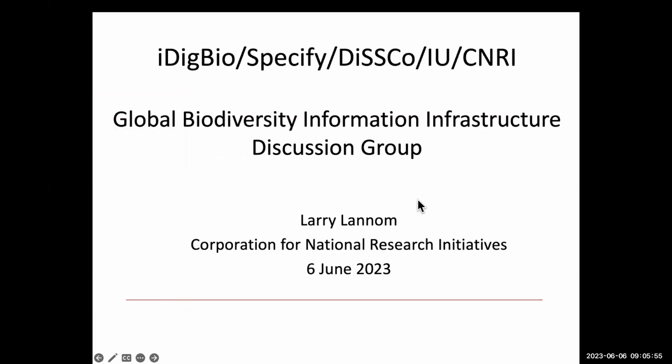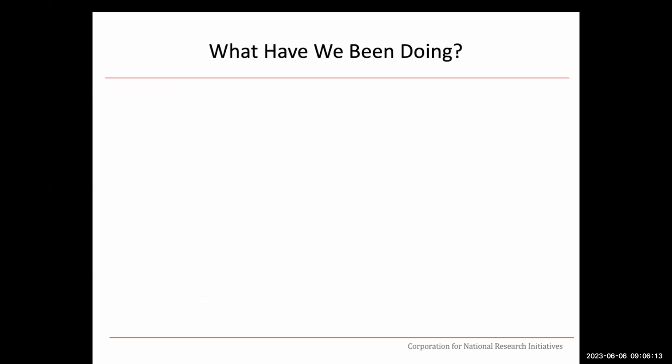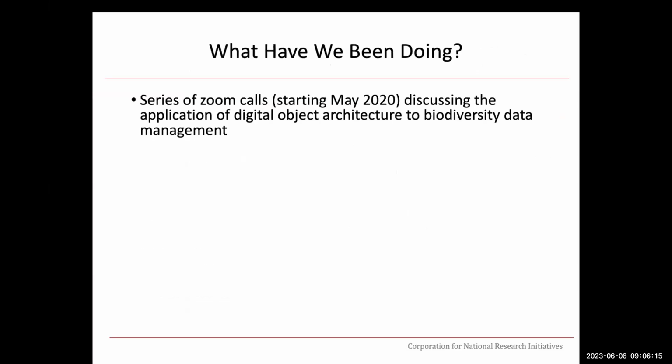So the group that was just referenced is this group. I assume some of those names will be familiar to you. We've been meeting since May of 2020, talking about the application of something called digital object architecture, which is a little different from DOIs.